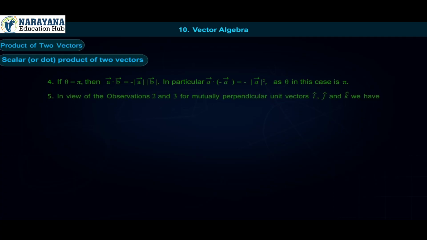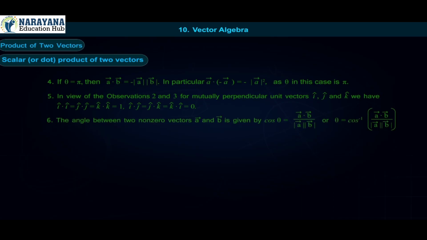In view of these observations 2 and 3, for mutually perpendicular unit vectors i, j and k, we have i cap · i cap = j cap · j cap = k cap · k cap = 1. i cap · j cap = j cap · k cap = k cap · i cap = 0.